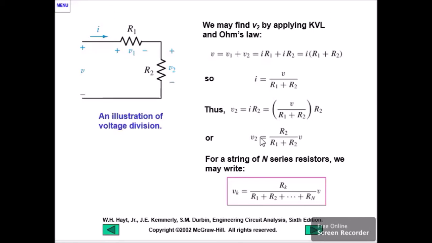Yung V2 mo, say for example, this is V2 and you want to solve this one, that is just equal to R2, okay? Yung resistance value nung tinutukoy mong voltage over R1 plus R2, the sum of the resistors times your voltage source. Ganun lang. So in general, parang ganito lang siya.